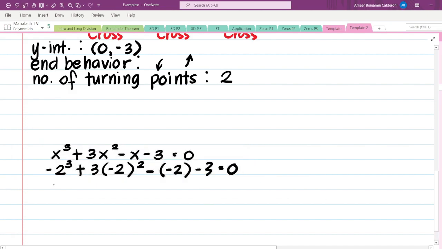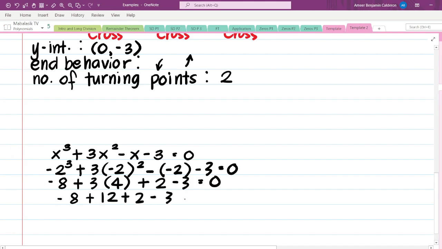So we have here a negative 8 plus, this is 3 times 4, this is a plus 2, this is a minus 3. So we have negative 8 plus 12 plus 2 minus 3. Combine terms with the same signs. So negative 8, negative 3, that's negative 11. Then we have 12 plus 2, that is 14.